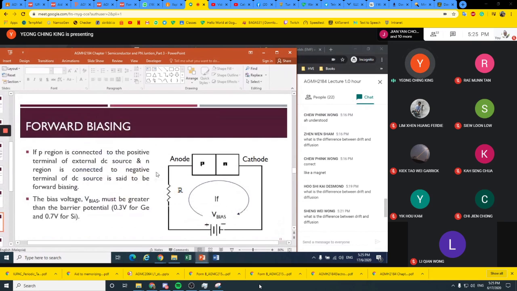Second one is the forward biasing. So forward biasing is a very important biasing condition for the diode.